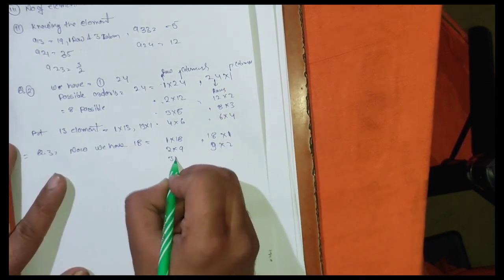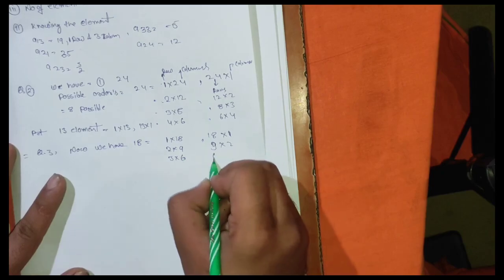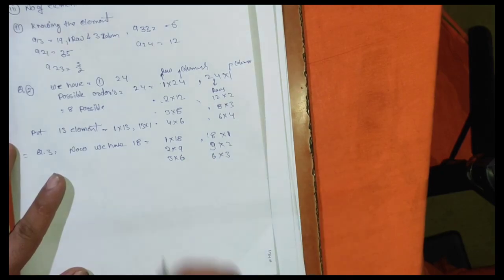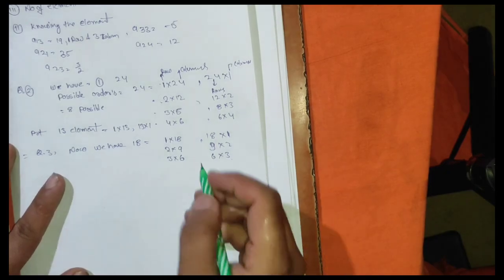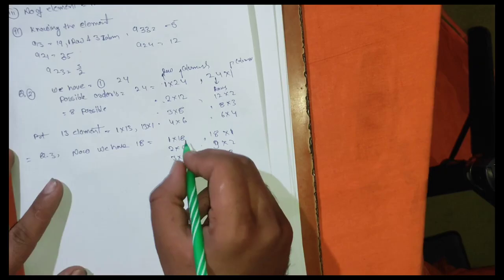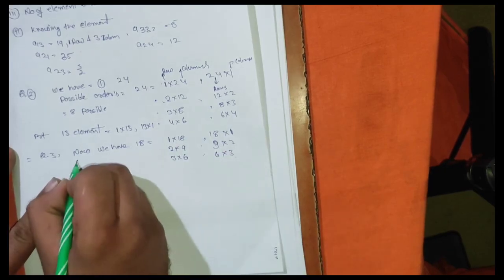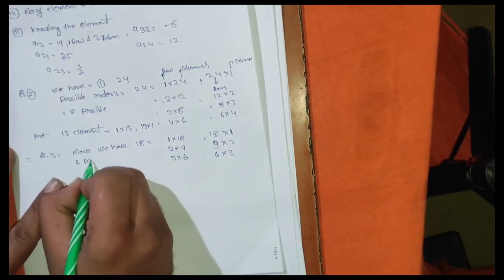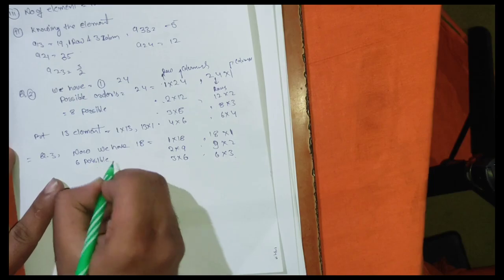Similarly, 3 by 6 and 6 by 3. Any other possibility? I think nothing. So counting 1, 2, 3, 4, 5, 6, there are 6 possible orders.